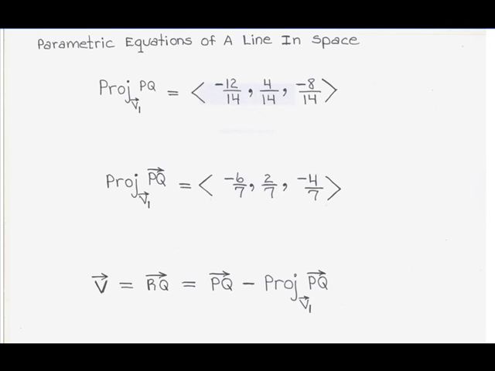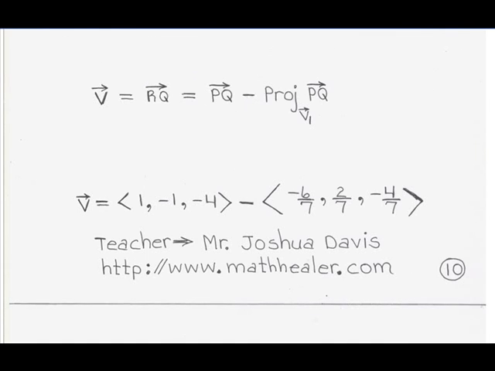Again, if you need to do so, pause the video and please copy this information here. So here's what we have. Now we have the vector notation that represents vector PQ minus the vector notation that represents the projection of vector PQ onto vector V1. We're subtracting one vector from the other.